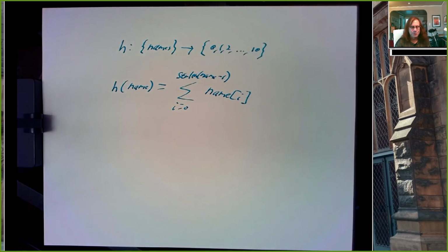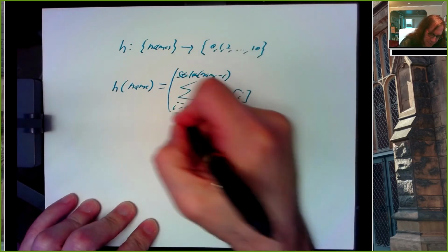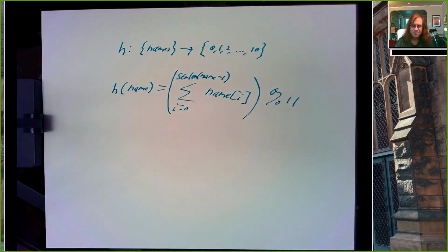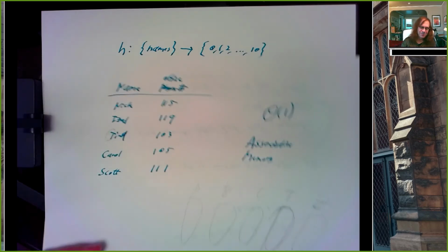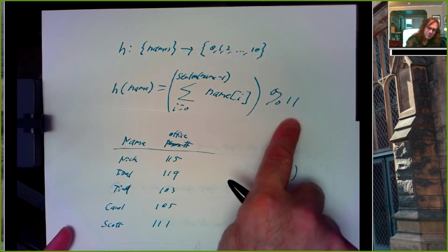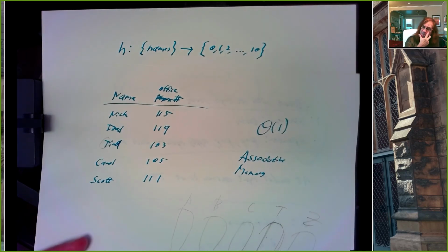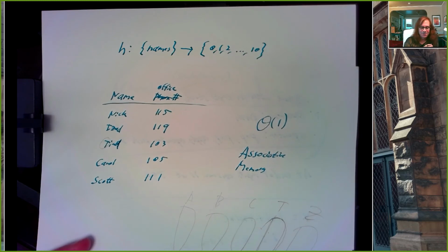We'll add all of those together, and then we'll reduce it modulo 11. So that's going to give us a number from 0 to 10. If you want to find a name, we'll run the name through the hash function, get a number from 0 through 10, and look at that element in the array to try to find the name.